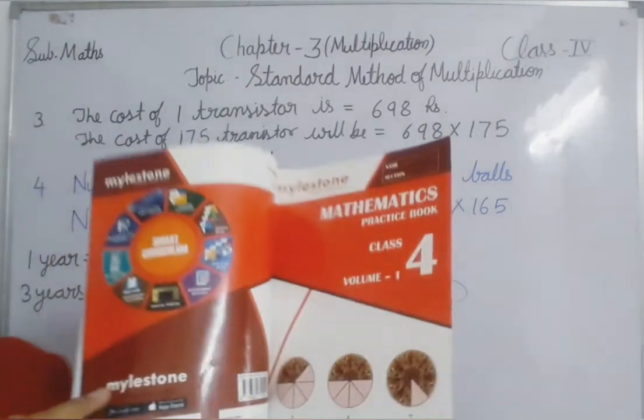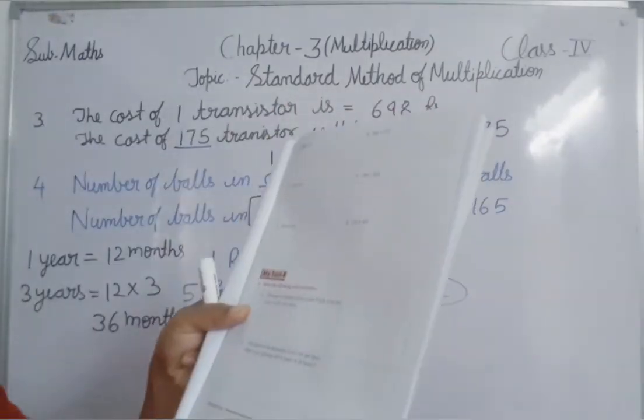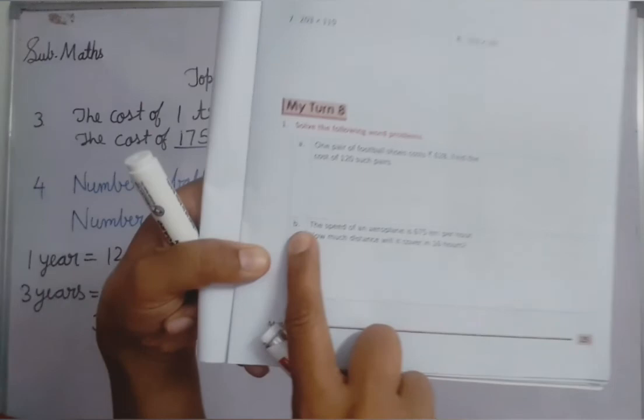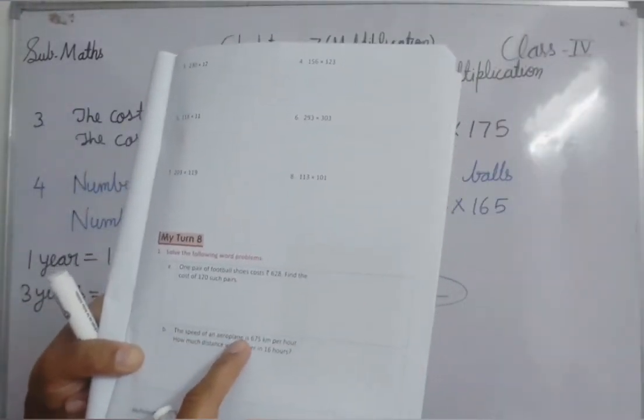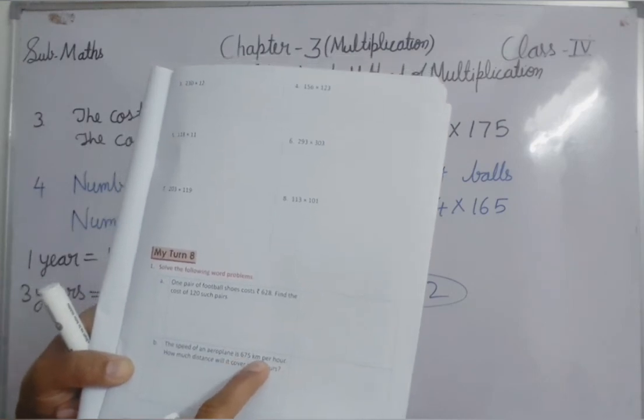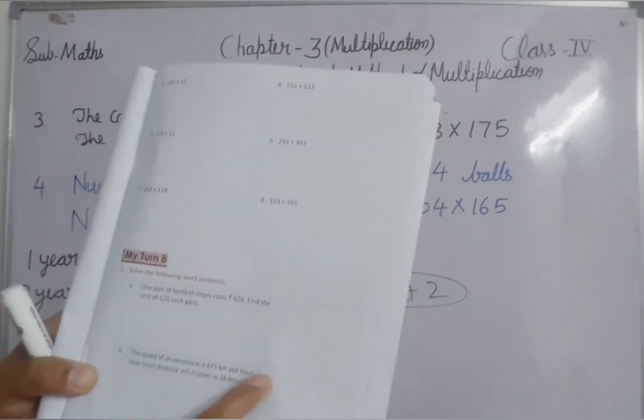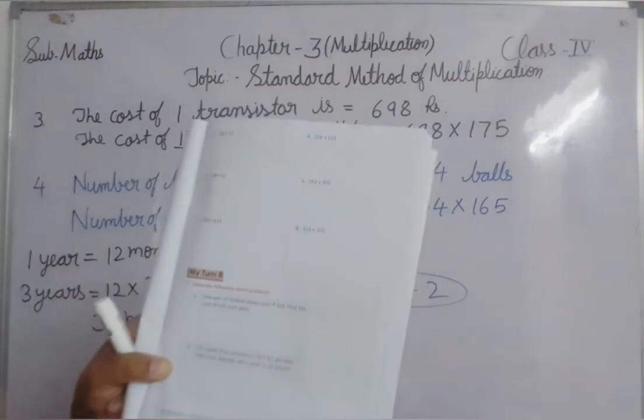See, this is your practice book, page number 25. I am explaining B1. The speed of an aeroplane is 675 kilometers per hour. Per hour means 1 hour.